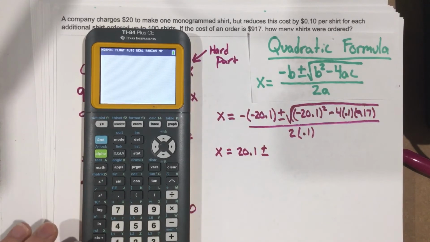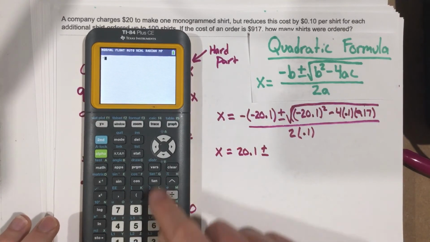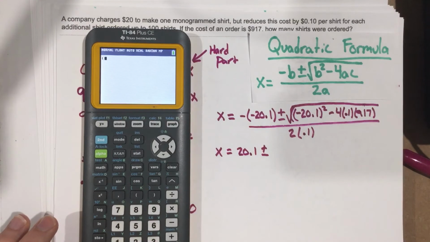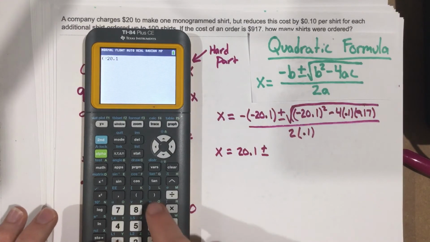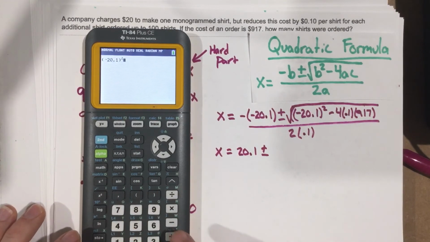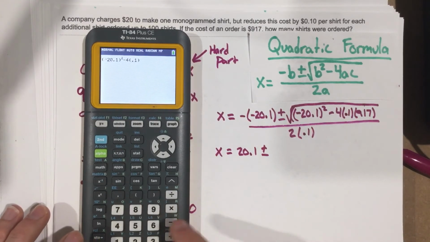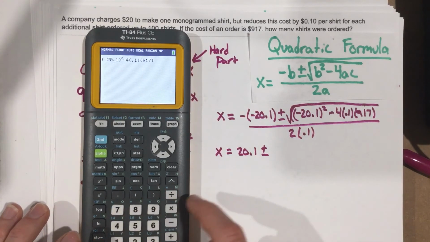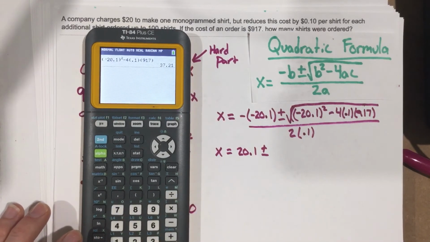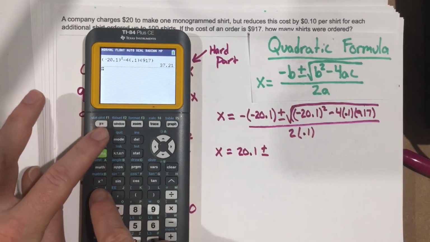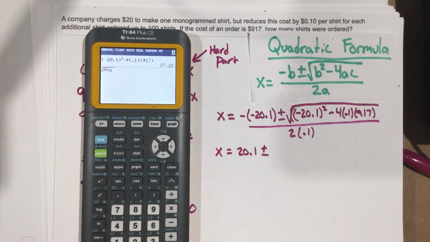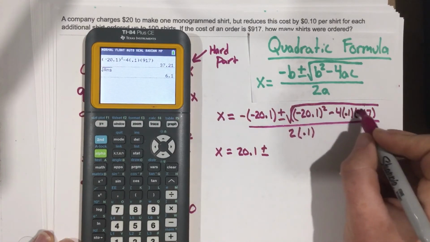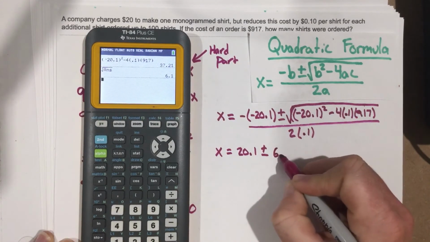So I'm going to say negative 20.1. I'm just going to put in exactly how it's written there. Negative 20.1 squared minus 4 times 0.1 times 917. That's 37.21. Now I'm going to do the square root of that, right? Because we've got to do the square root. When I do the square root of all that, I get 6.1 here.